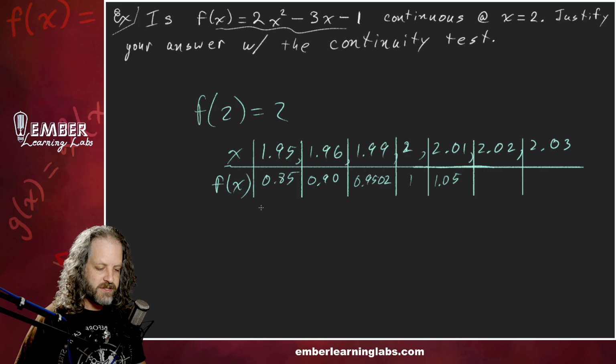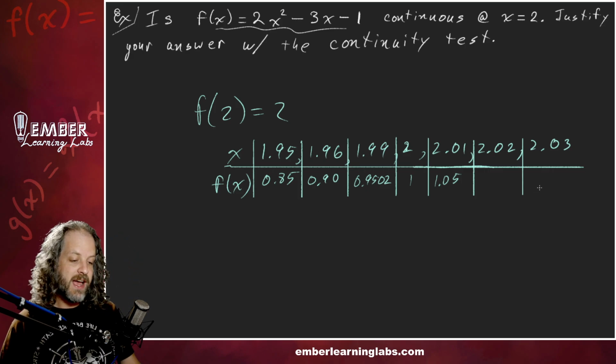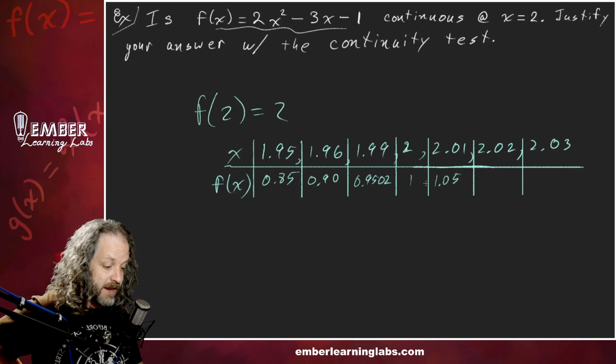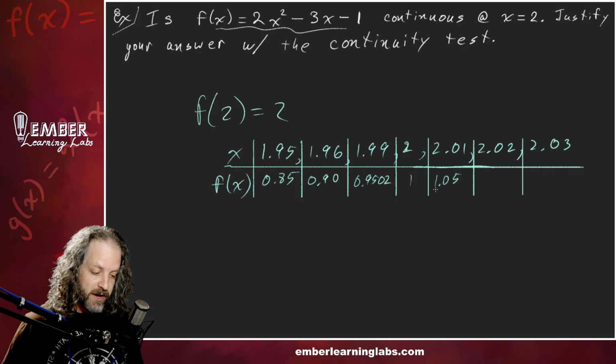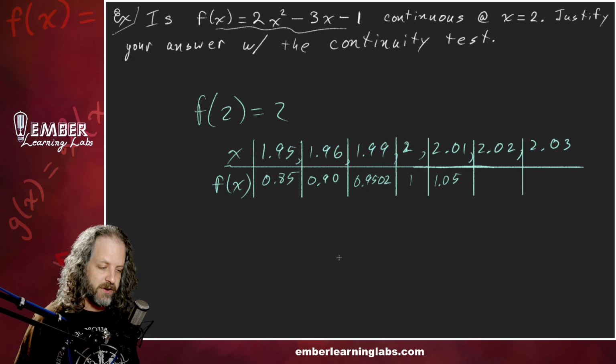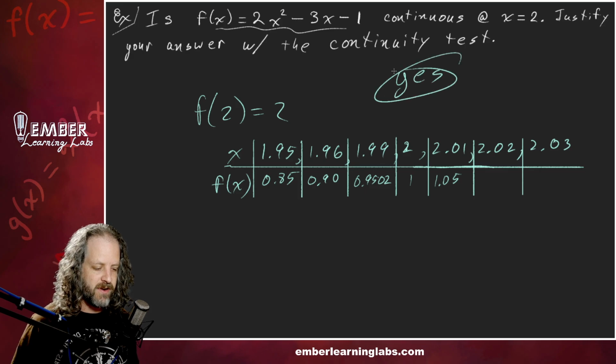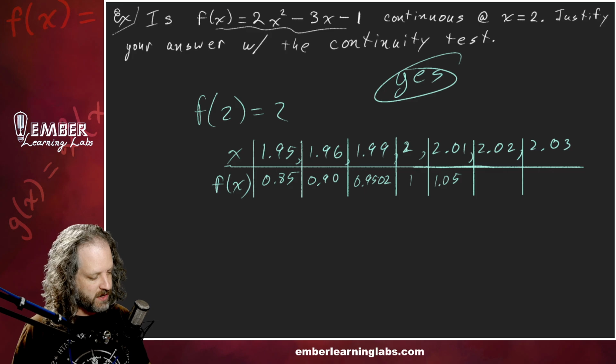You get the idea. So they're getting closer and closer to 2. So the limit, it's approaching, not closer to 2, it's getting closer and closer to 1. It's approaching 1, and it gets there. So it meets all the criteria. So yes, it is continuous, right? Makes sense. Let's do another one.